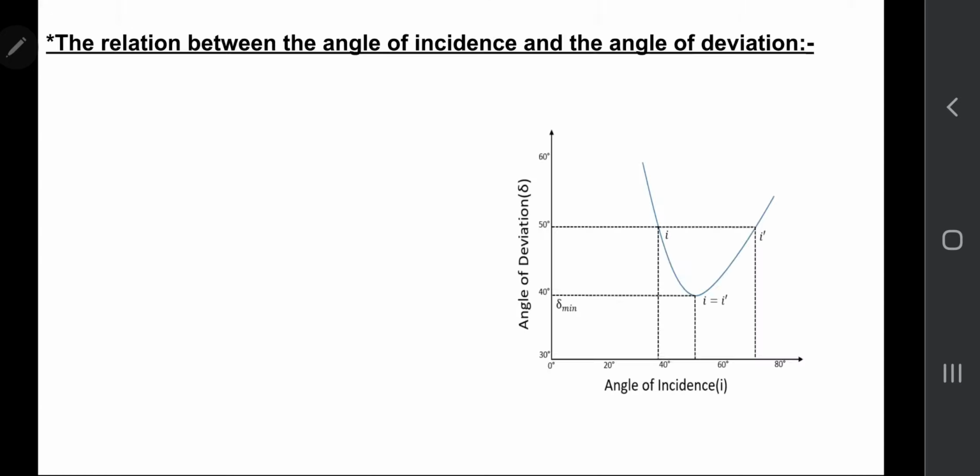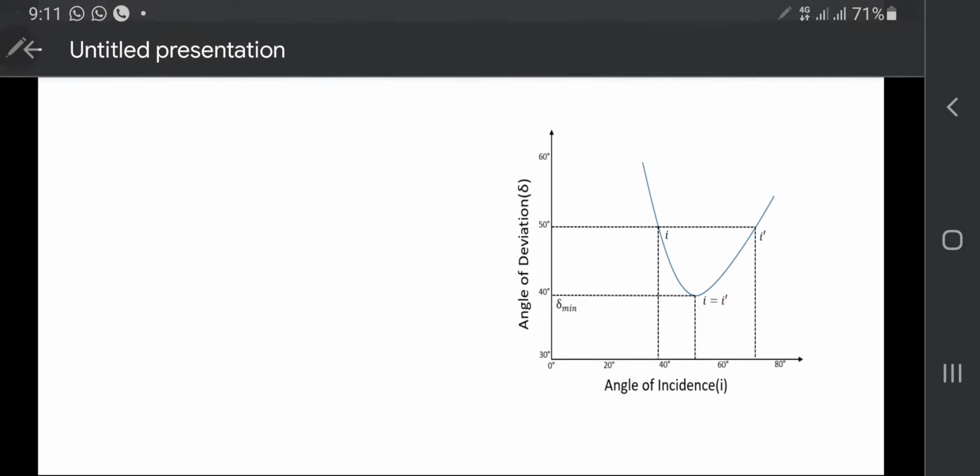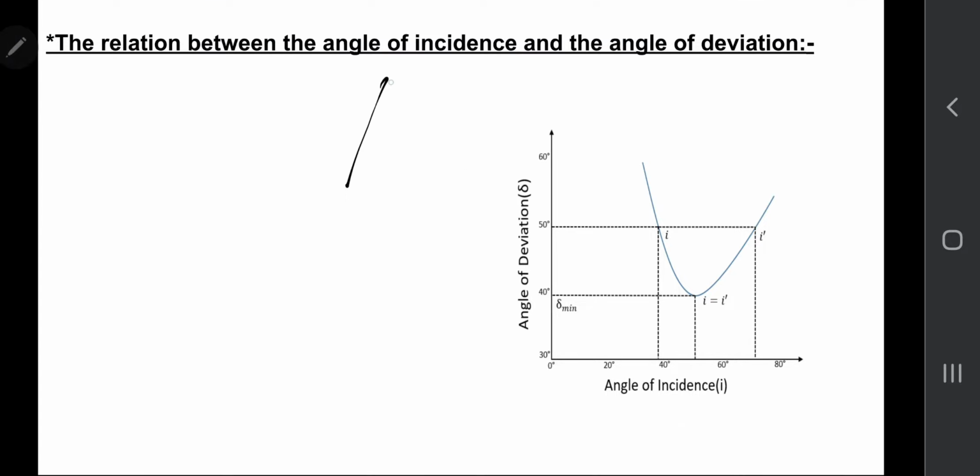The angle of incidence on the prism is phi 1, and the angle of deviation alpha is between the extension of the incident ray and the emergent ray. The relation between the first incident angle phi 1 and alpha is represented by this graph.